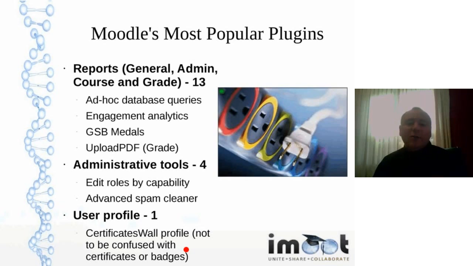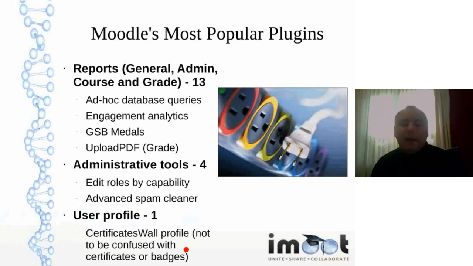So there are different types of reports. But probably the most popular one and perhaps most useful is the ad hoc database queries. This does require some knowledge of SQL, but it gives you the ability to create some custom reports as a system administrator, and then allow people to run those queries and get the information that they need.